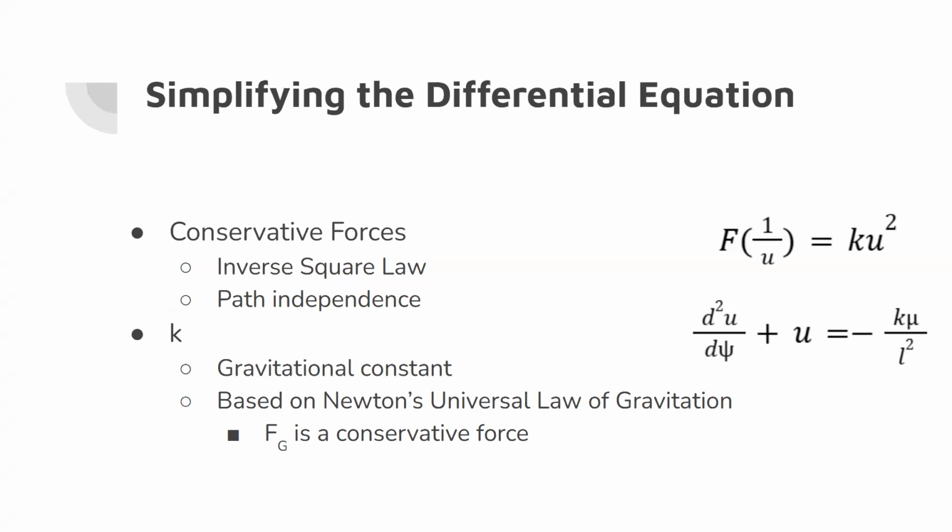And so because of that, I can use that top equation with f of 1 over u equals ku squared, in which the k is a modified version of Newton's universal law of gravitation, which is used to solve the differential orbit equation. And then when I plug that in, I get the simplified equation below that, which I can solve using traditional methods of solving differential equations.